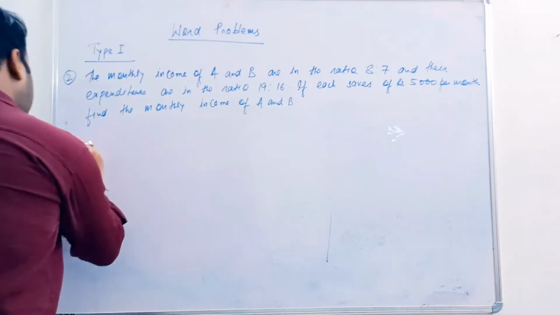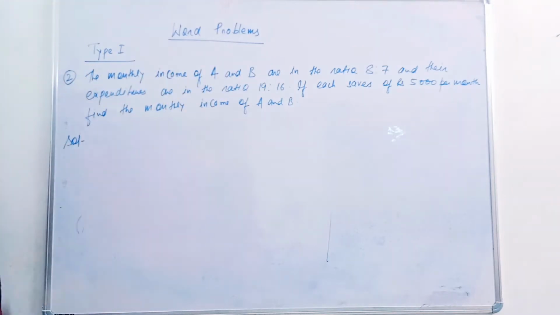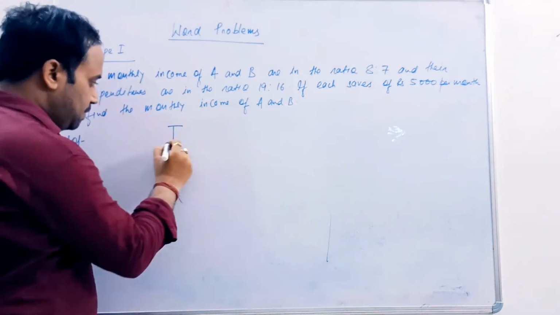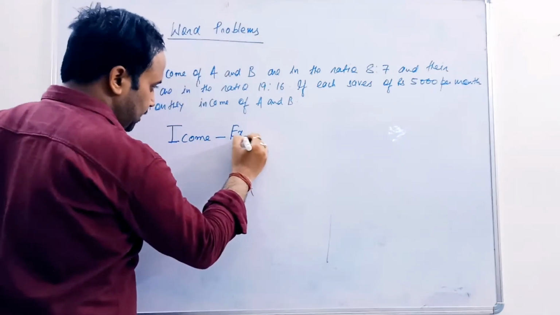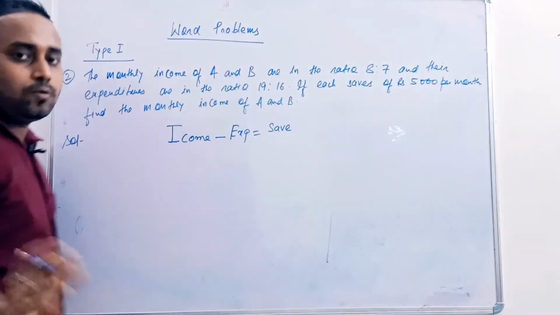Clear? Now see, here some monthly income and some expenses are given. First we need to understand: always remember, income minus expenditure gives saving. How?